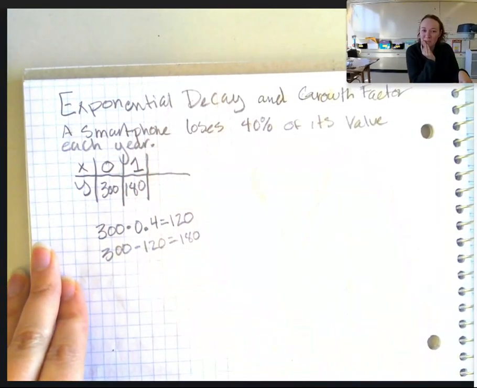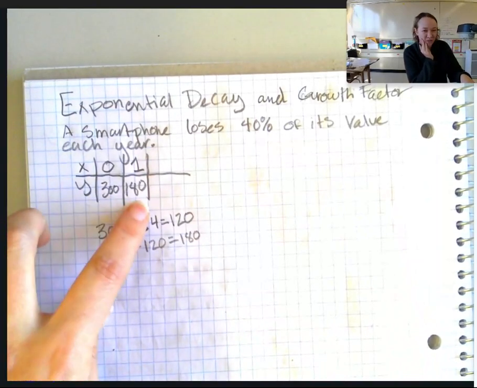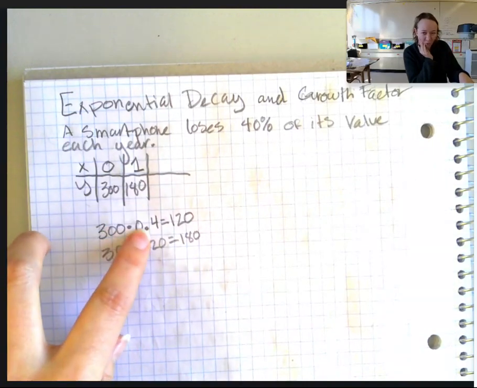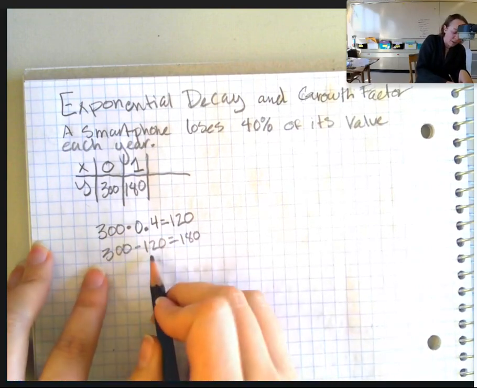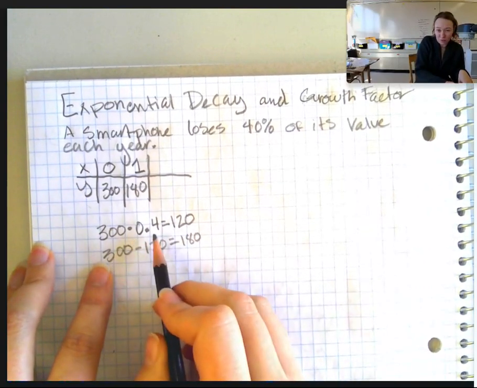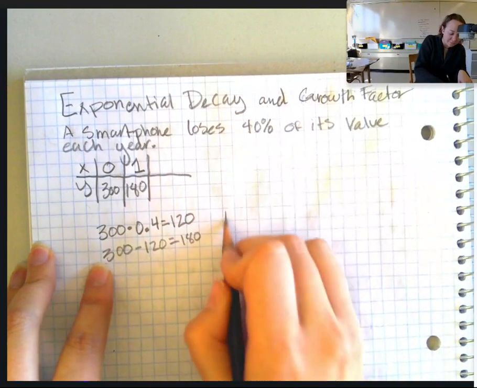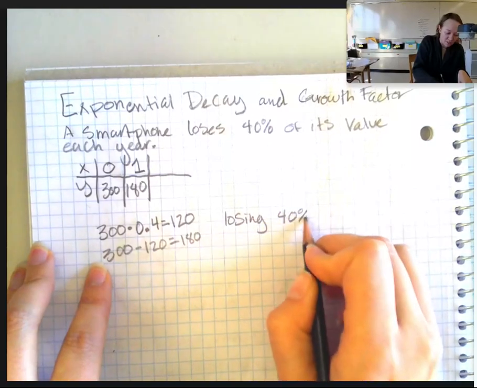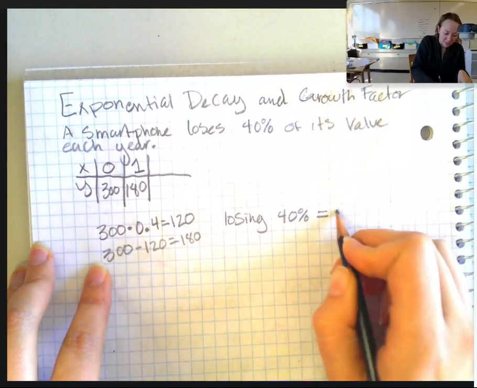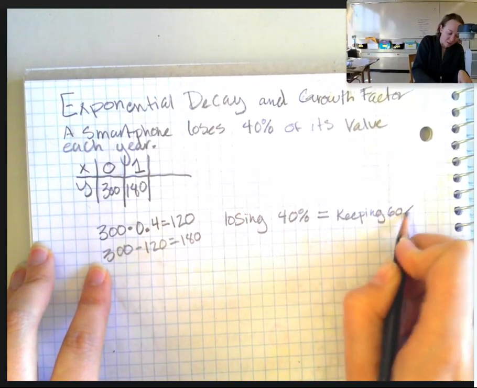That feels like too many steps. We should be able to get straight from the 300 number to that 180 number without having to both multiply and subtract. So if I'm losing 40%, that means I must be keeping 60%. Losing 40% is the same as keeping 60%.